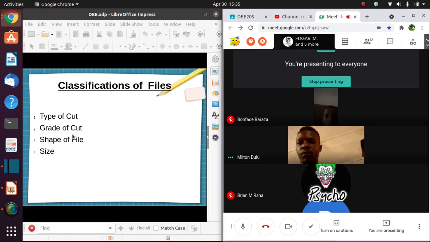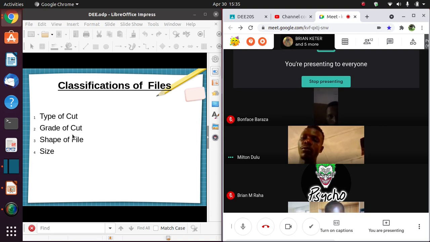Now the grade is usually determined by the distance between the rows of teeth. The rough files utapata kwamba those rows are space yake ni kubwa. The distance is big as compared to the smooth types of files. Utapata that the distance between the rows of teeth ni kidogo sana, to give you a smooth finish ukifanya filing katika chuma.